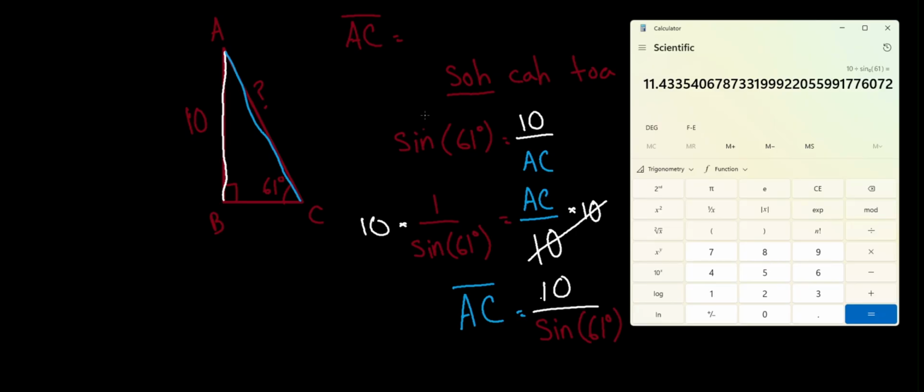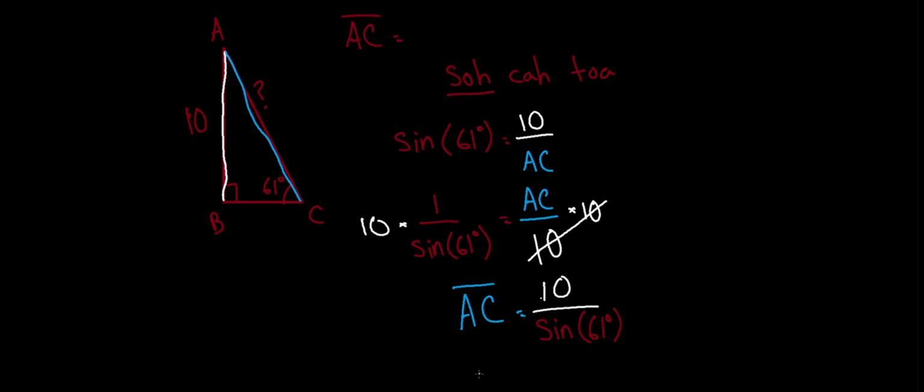Let me round it. So AC, side length AC, is, let's say, around, this is the rounding symbol, let's say around 11.43. So AC is around 11.43.